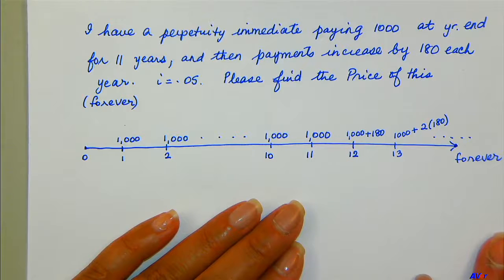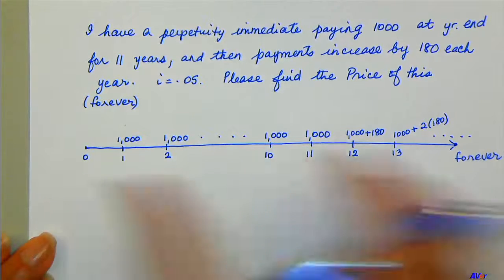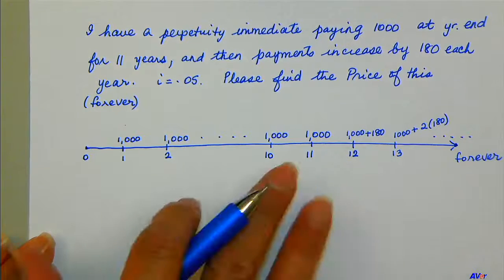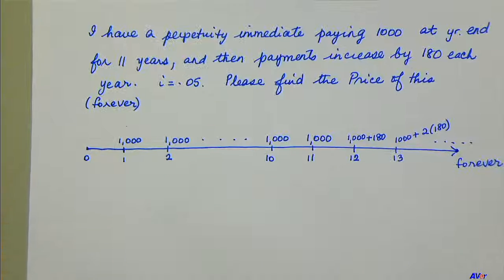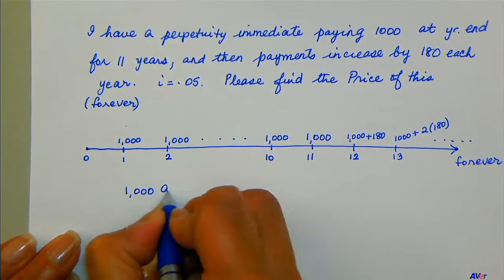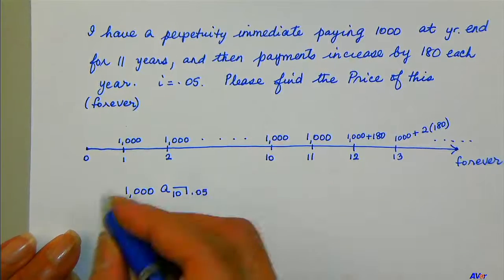So I have to break this up into two pieces, the piece without the increase and the piece where it's increasing. This is what I was talking about before as to when you have to be really careful where the P is, right? So I'm going to say this is 1,000 A angle 10 at 0.05. That would bring me to here.